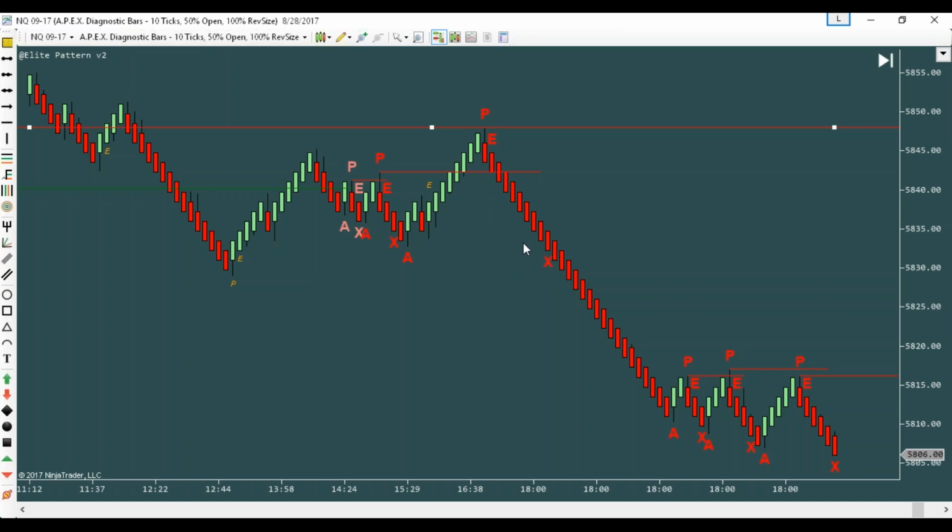Yeah. Power P. Make sense? That's the kind of stuff we're going to talk about tomorrow for 4 potential setups to look at.